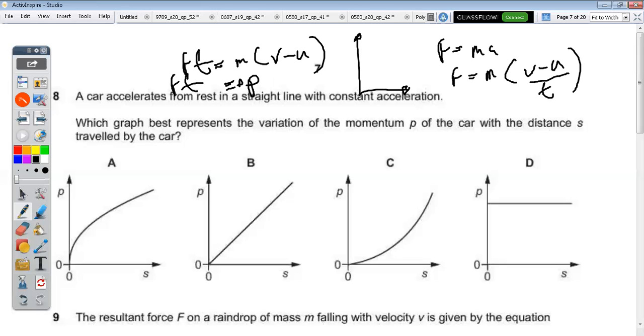Distance is speed times time. Yeah, so how do you get the distance? I think that's why it's tricky. How do you play around with the formula?